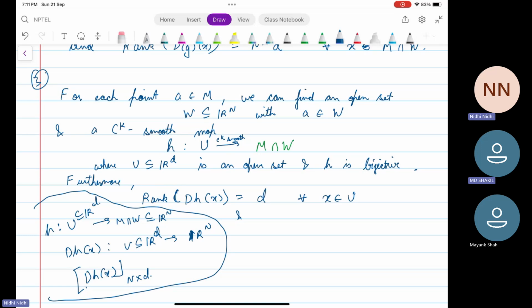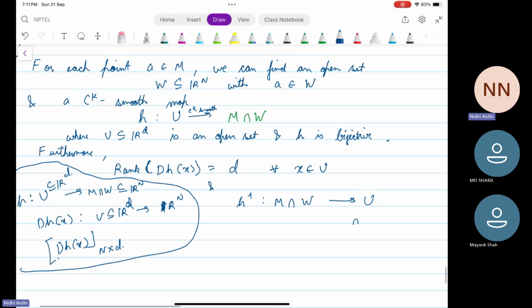No, H is not a linear map. That happens for linear maps. And H inverse from M intersection W to U must be continuous as well. Without being linear, a function can be bijective, I think, even between different dimensions.